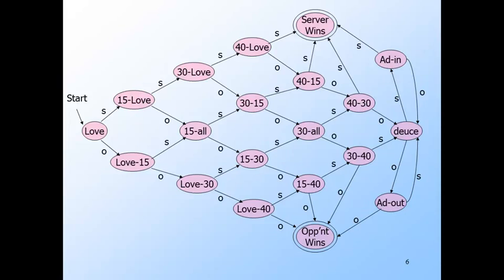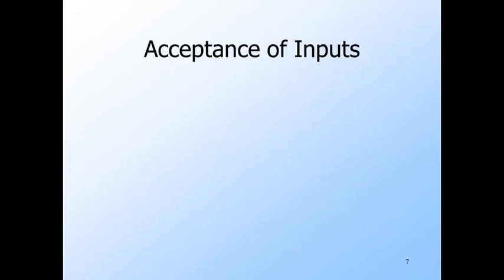While most of it just allows flow away from the start state, the loops involving deuce, add in, and add out, that is, these, they allow for cycles and for an infinite number of possible strings of S's and O's to lead to one of the final states. The job of an automaton is to process strings of input symbols, or input strings.